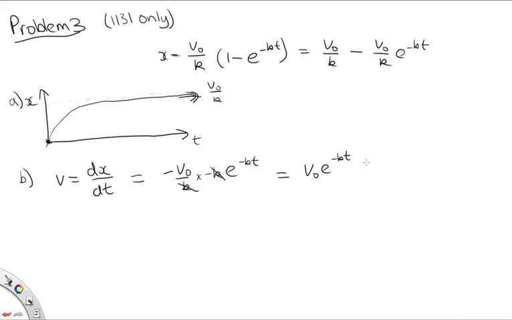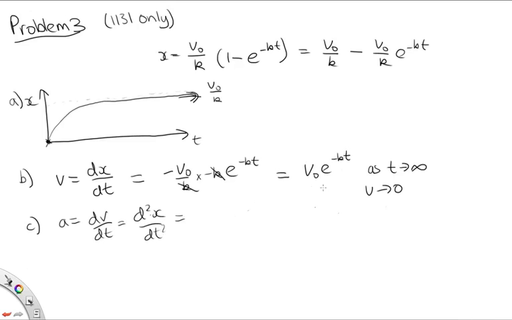And so as time gets really large, this part goes to 0, and so the whole term goes to 0. So it will eventually come to rest. As t goes to infinity, the velocity goes to 0. Part C, you are asked to find the acceleration. Acceleration is equal to dv dt, or we could write as d squared x dt squared.